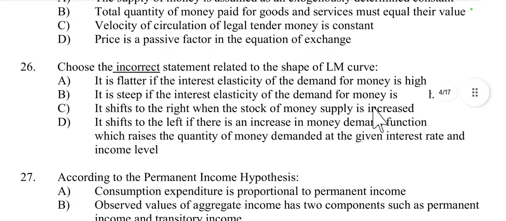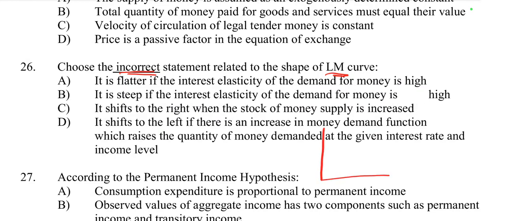Then question number 26, choose the incorrect statement related to the shape of the LM curve. We have to find out the incorrect statement according to the LM curve. What is incorrect? First one: it is flatter if the interest elasticity of demand for money is high.